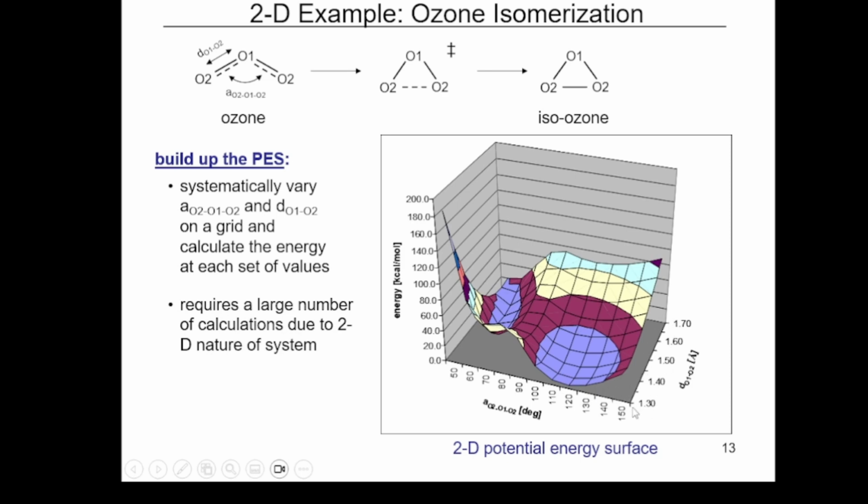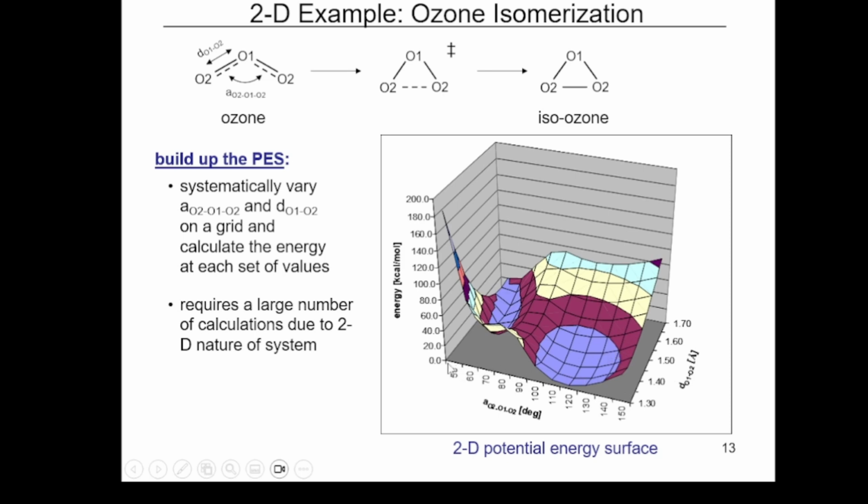Let's say going from 1.37 to 1.70, and let's say we're going to have like 8 points here, or maybe 9. And let's say on this side we go from 60 or 50 to 140 or 160 degrees, and we can have 11 points here. So 11 into 9 is going to give us 99 points for structure calculation.